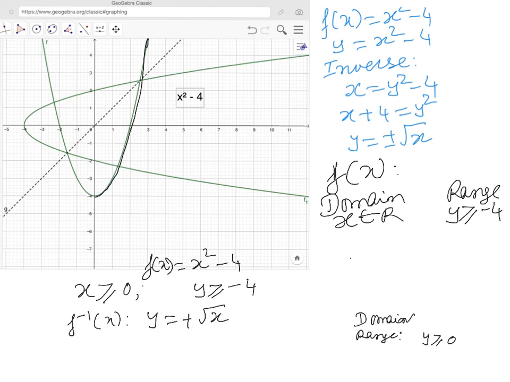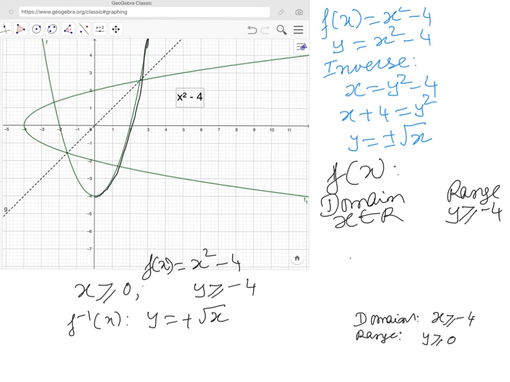And what about my domain? My original function's range was y greater than or equal to negative 4. Therefore my domain will be x greater than or equal to negative 4. So let's look at it now. x is greater than 0 for f. Therefore the f inverse range will be y greater than or equal to 0, and the domain will be x greater than or equal to negative 4.